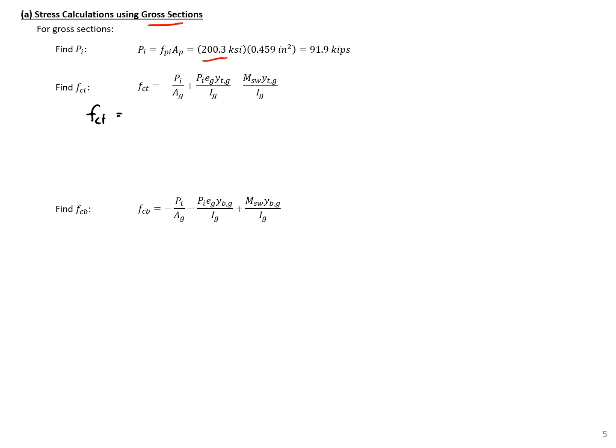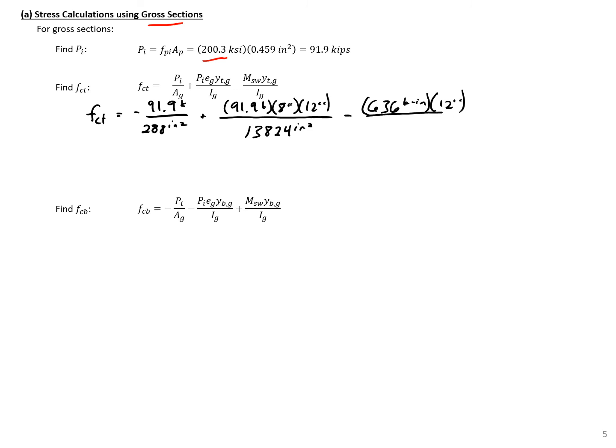So starting with the stress in our concrete at the top fiber, with negative being compression, we'll have negative 91.9 kips divided by 288 square inches, plus 91.9 times 8 inches times 12 divided by 13,824, and then minus 636 kip inches, our self-weight moment, times 12 inches, the distance from the centroid to the top, divided by our moment of inertia, 13,824 inches to the fourth.